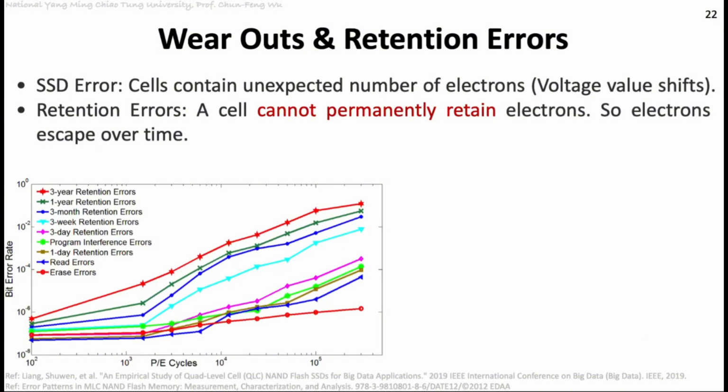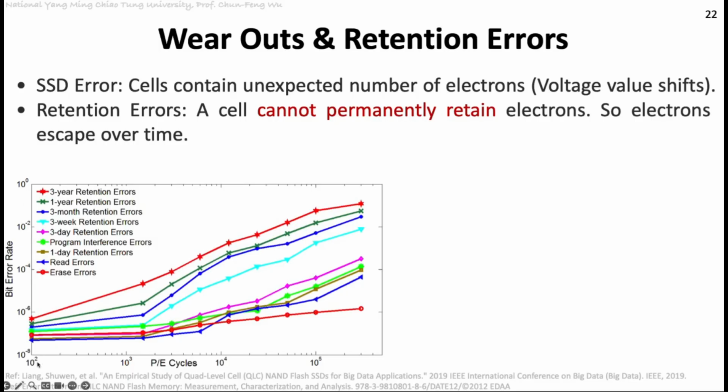So PE cycle is the x-axis and the y-axis is the bit error rate, just how many bit errors among these bits. So for example, if here is 10 to the minus 4, it means there is 1 error among 10,000 bits. Okay, so higher means bad or worse.